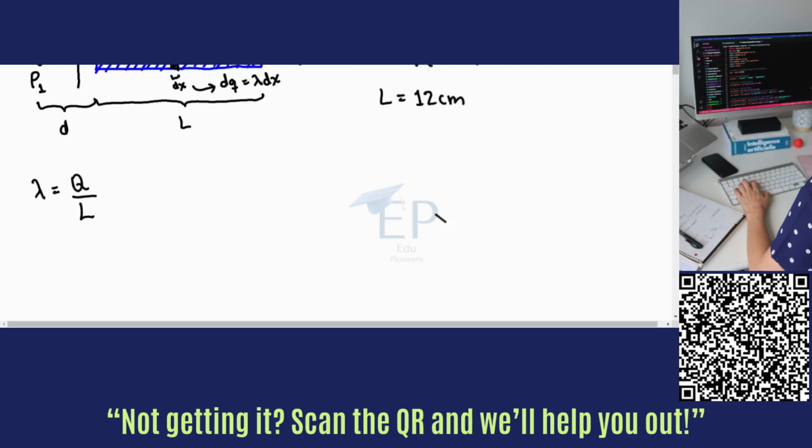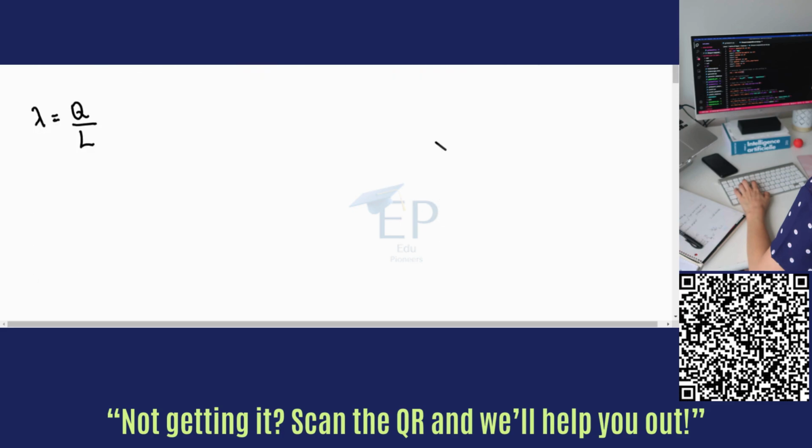So the electric potential created by that segment should be of the form that the differential electric potential dV is 1 over 4 pi epsilon 0 times that dq over the distance to that segment, which is d plus x.